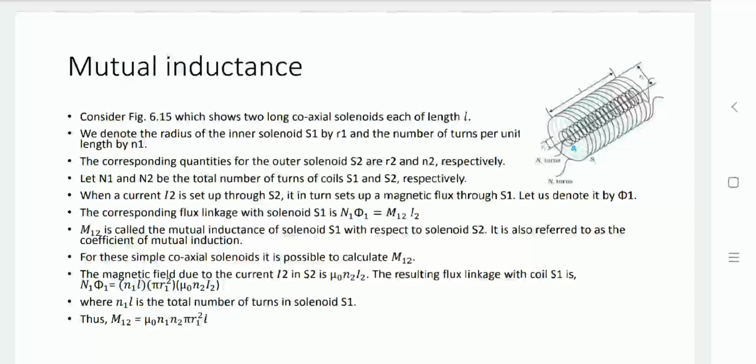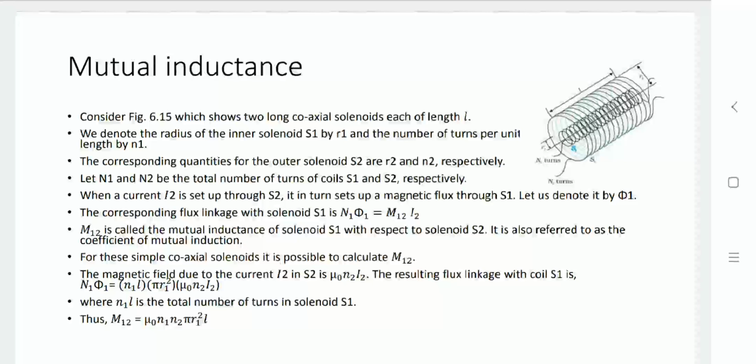As shown in the figure, we have two coils, two solenoids. One is the larger solenoid, and inside it another smaller solenoid is placed. The center of both solenoids is the same. The numbers of windings for the solenoids are N1 and N2 respectively.